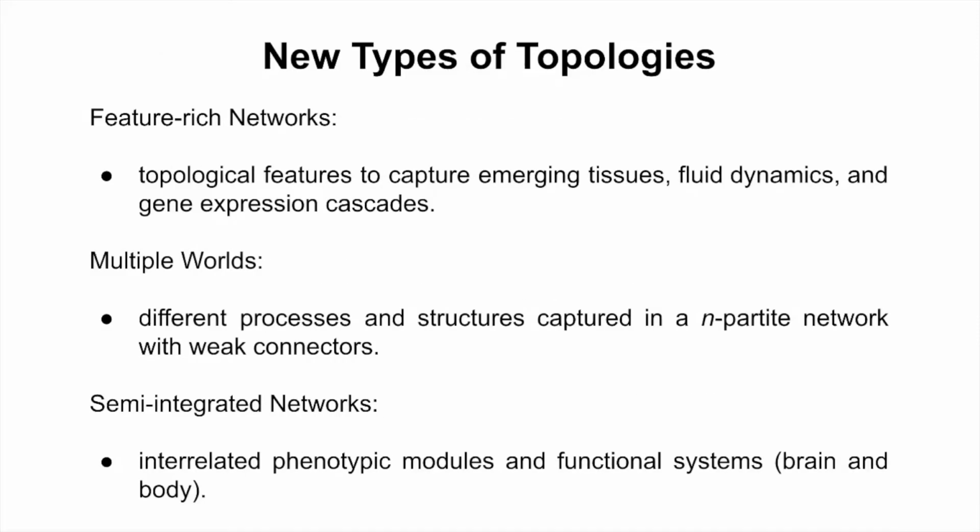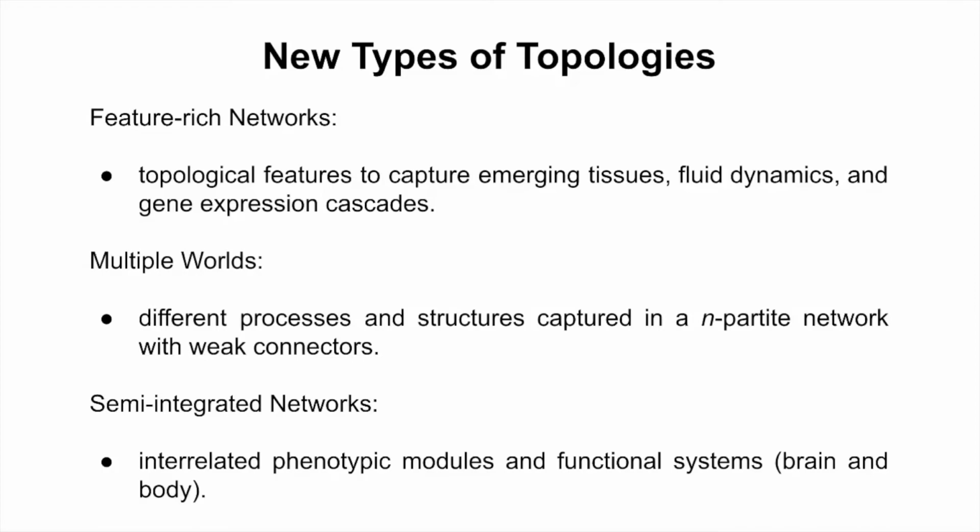We can also look for new types of topologies, and there are at least 3 candidates for this. One are feature-rich networks. So these are topological features that capture emerging tissues, fluid dynamics, and gene expression cascades. A second one are multiple worlds. So multiple worlds consists of different processes and structures captured in an n-partite network with weak connectors.